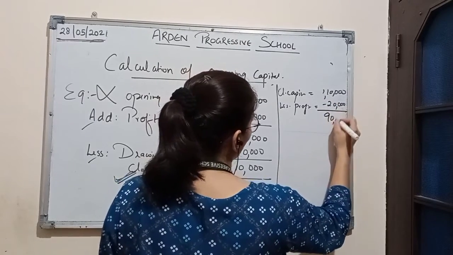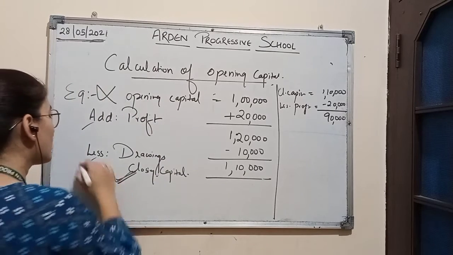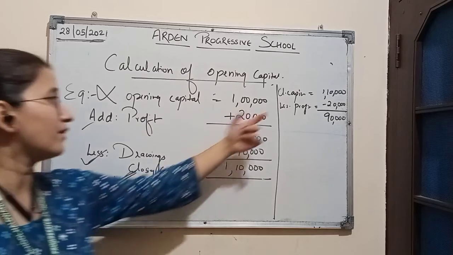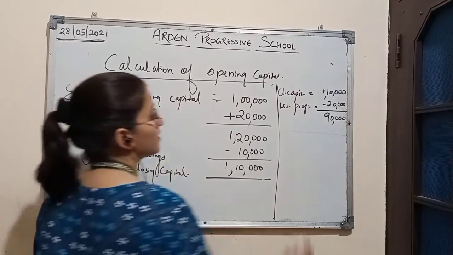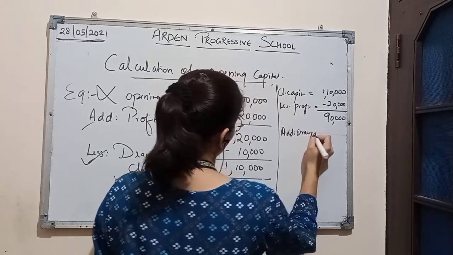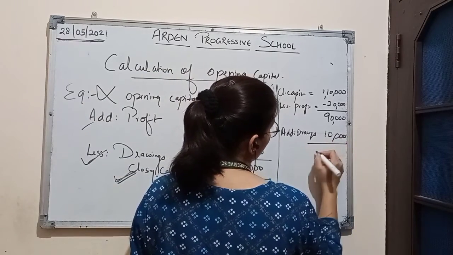So here the leftover amount is 90,000. Right? Now drawings were subtracted to calculate the closing capital. So now to calculate the opening capital, we will add the amount of drawings. Here drawings will be added. Drawing is amounted to rupees 10,000.